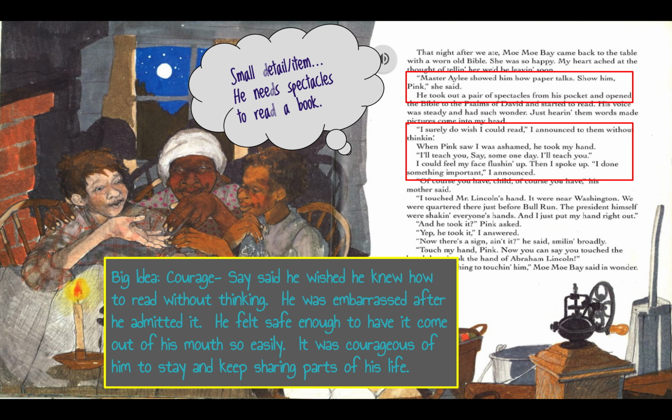And how embarrassing that must feel for Say to not have had an opportunity to learn how to read. And as you continue reading, you see that his face is flushing up, but then he doesn't just give up or feel too ashamed. He keeps sharing his life with them. So I think a big idea could be courage.